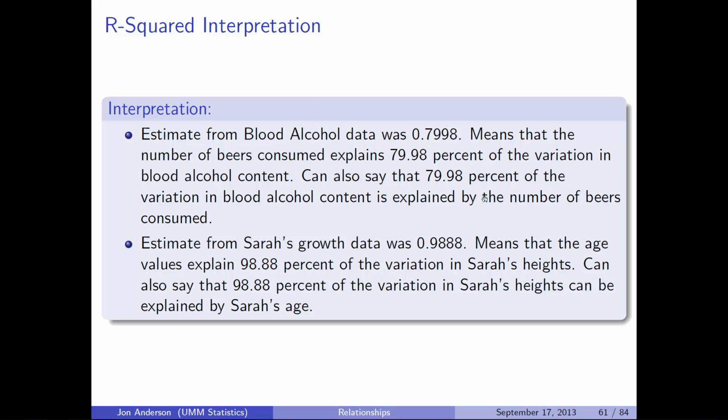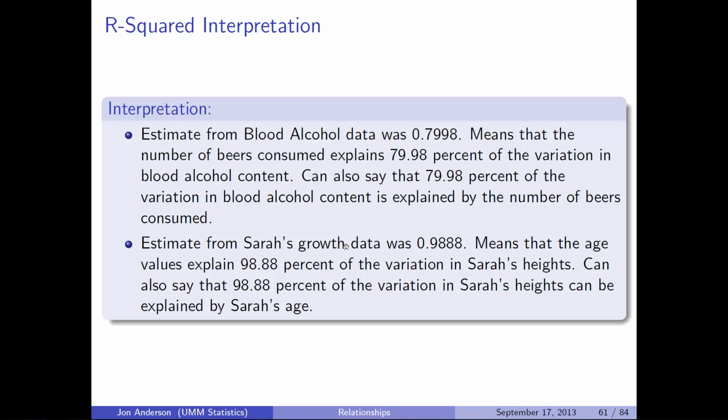You could phrase it the other way around, and this one's probably better: 79.98% of the variation in the response, blood alcohol content, is explained by the number of beers consumed. It is really important to make sure that you say that this is the percentage of variation in the response that's explained by the predictor.